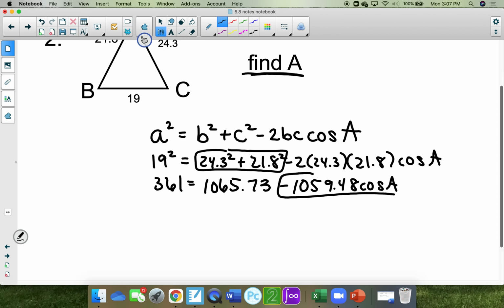This is attached to the cosine of A. You have to get rid of this first by subtracting on both sides.